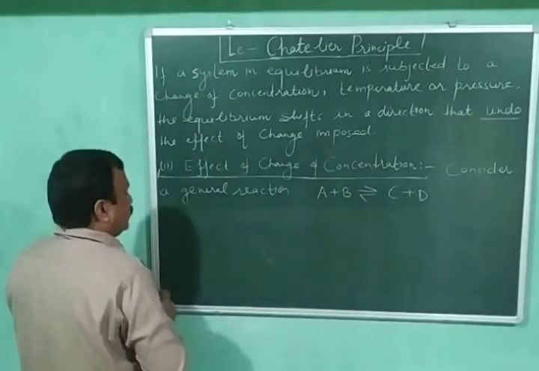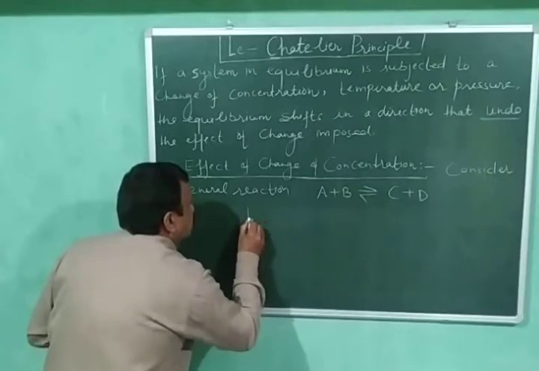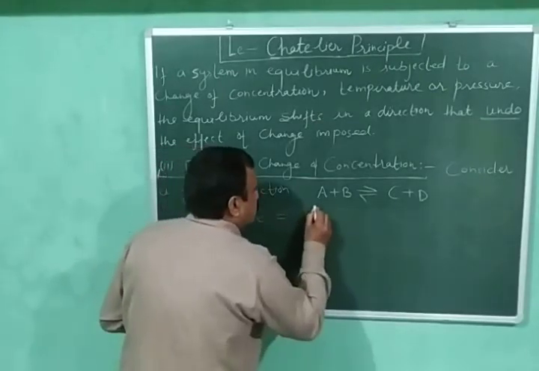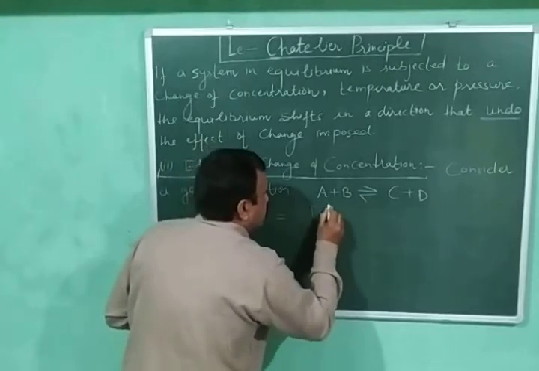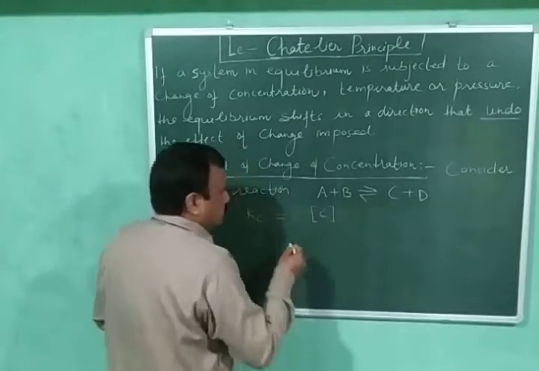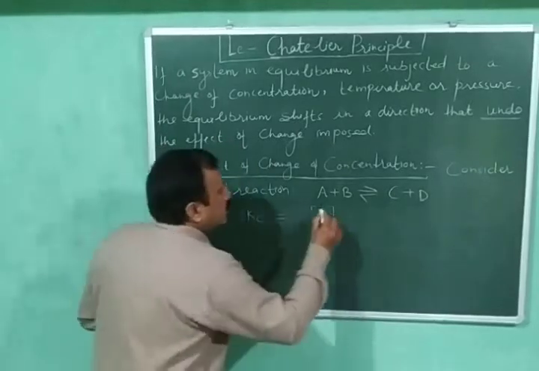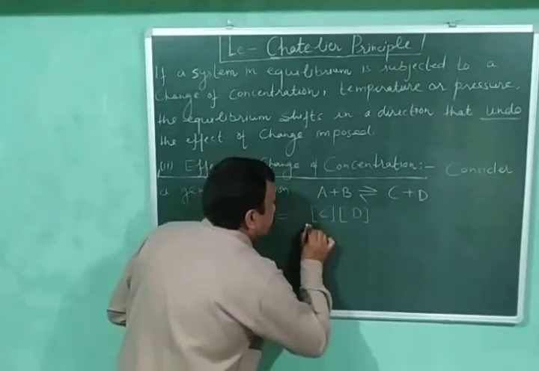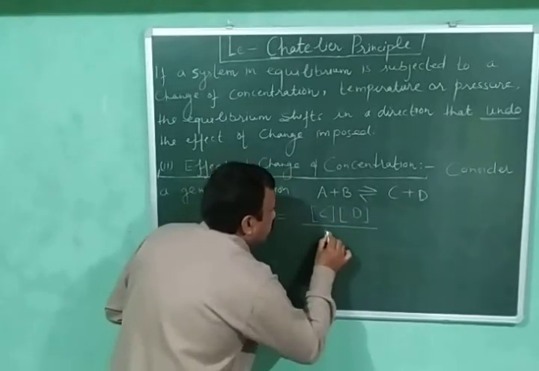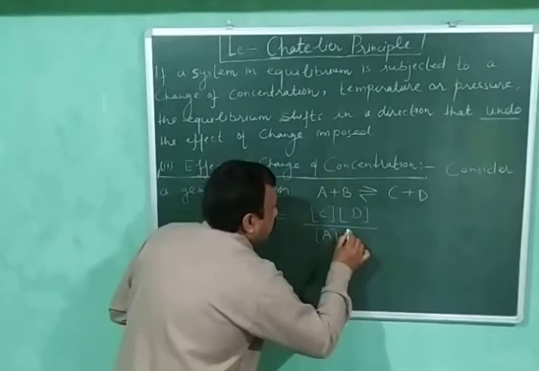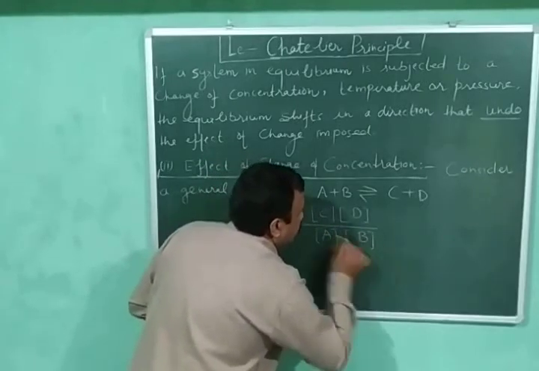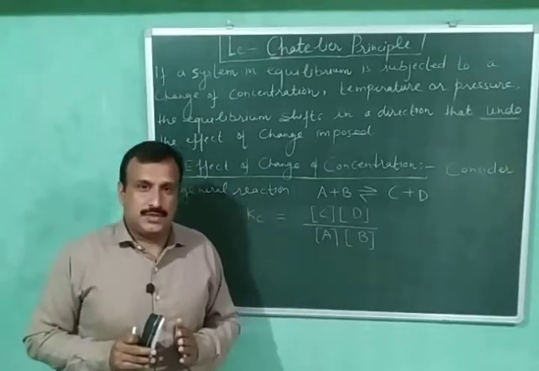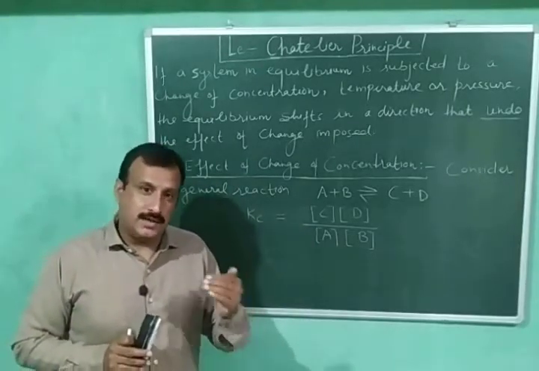The equilibrium constant of this reaction will be Kc, and it will be equal to the molar concentration of C into the molar concentration of D divided by the molar concentration of A and the molar concentration of B. And these are the equilibrium concentrations of A, B, C and D.